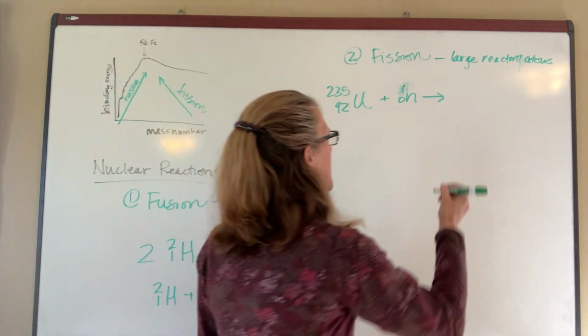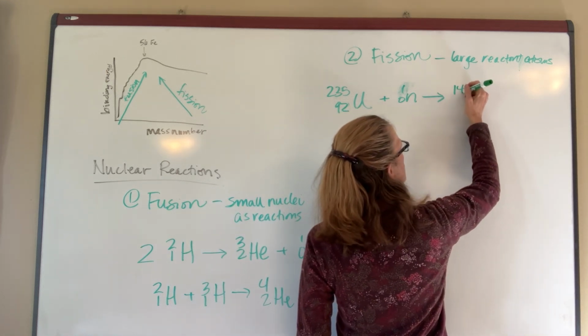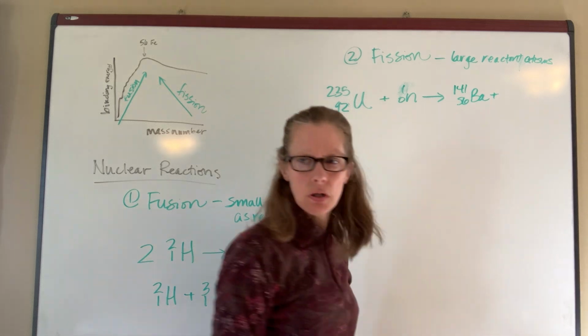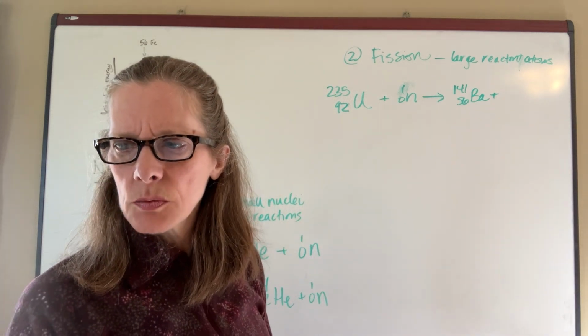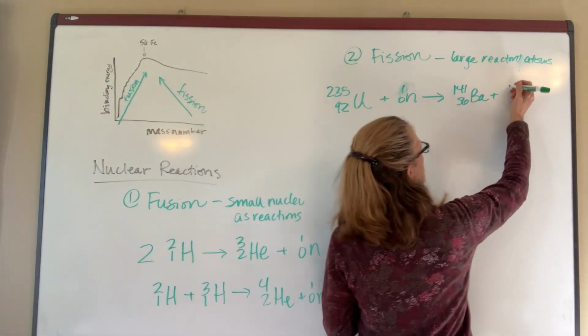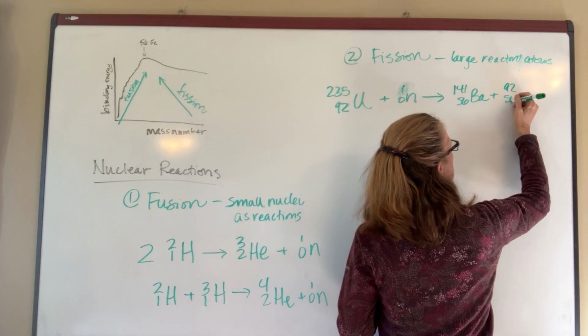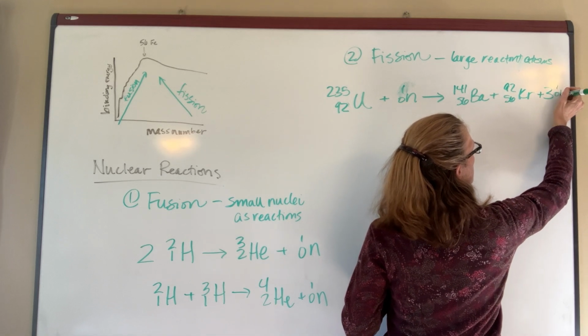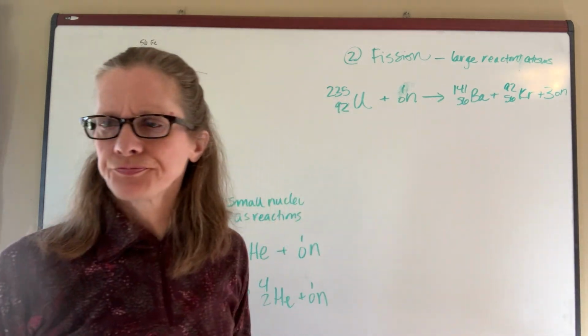In this case, it makes barium-141 (56 protons), and it will make an atom of krypton, and it will make 3 more neutrons.